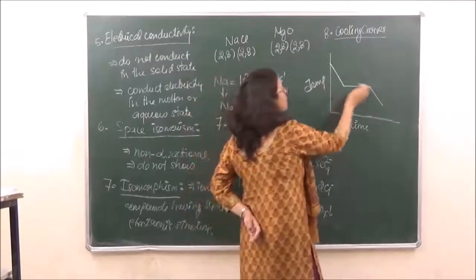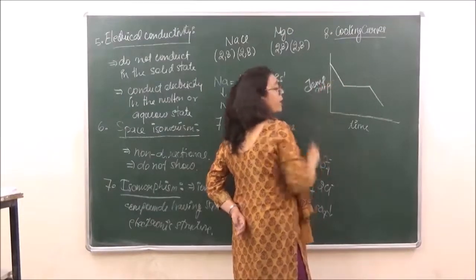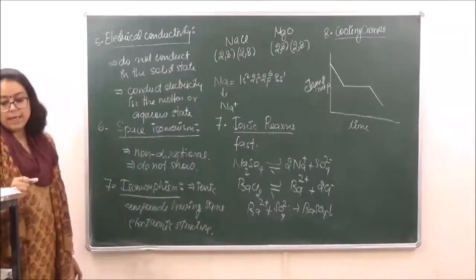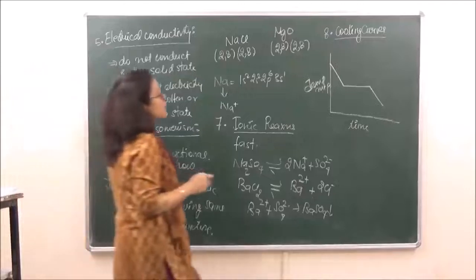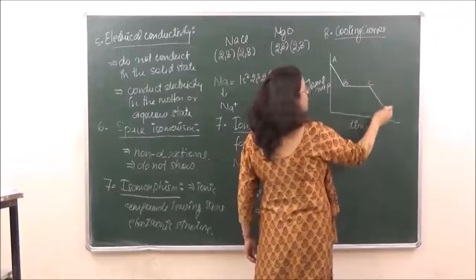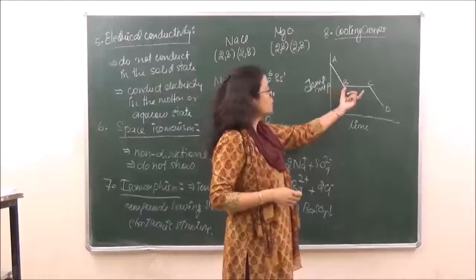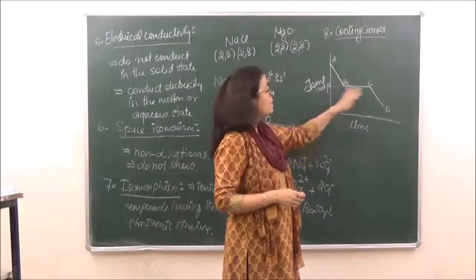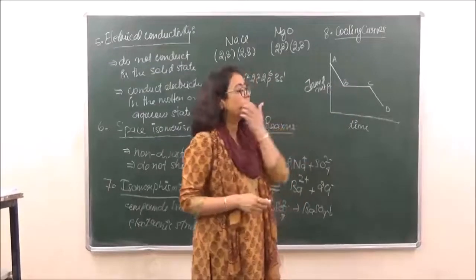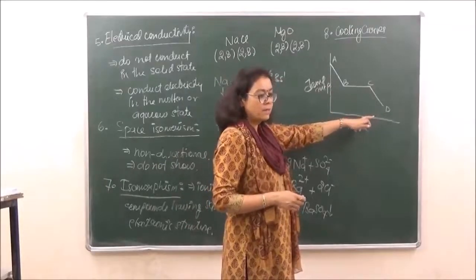The temperature at which you can see a straight line is the melting point of the electrovalent compound. You can see that it's not a smooth curve. If this is point A, this is point B, this is point C, and this is point D, then at constant temperature, for a little time the graph becomes a straight line, which means that till the entire melting point is obtained, no further cooling takes place.